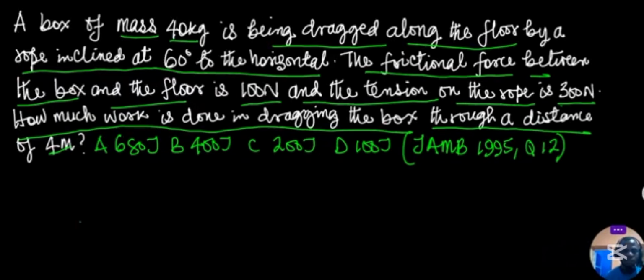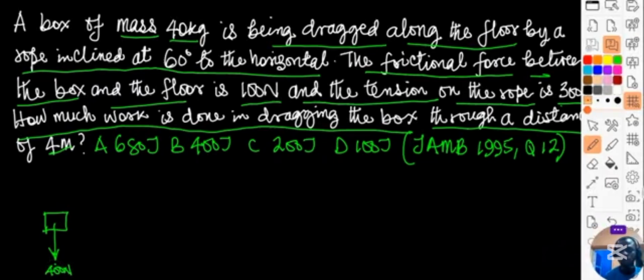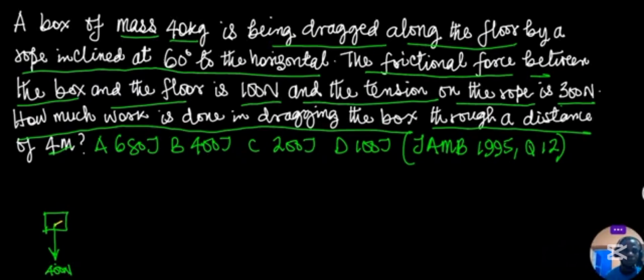We have a body of mass 40 kg, and that is the weight going down. 40 kg mass will give us 400 Newton weight force. It is dragged by a rope, let's assume, at an angle of 60° to the horizontal, and the frictional force between the box and the floor is 100 Newton.